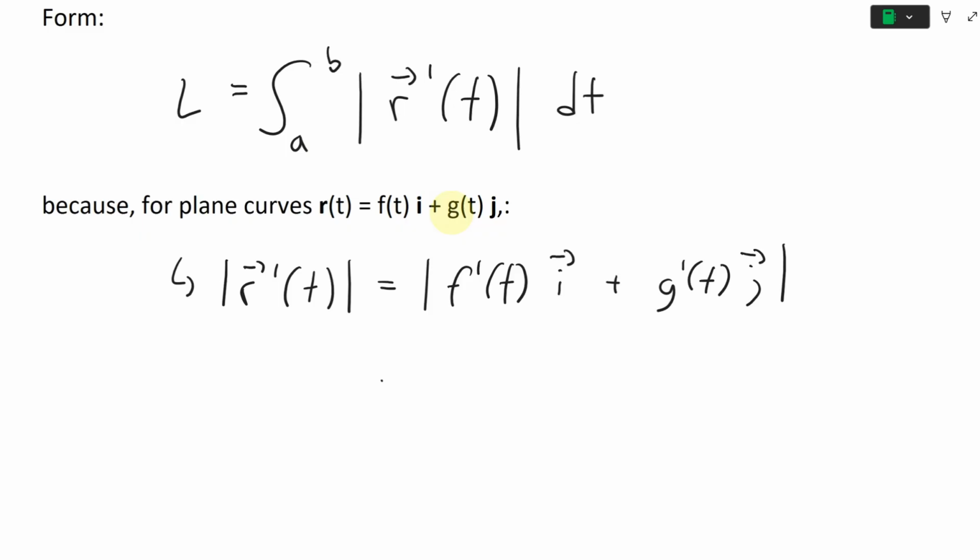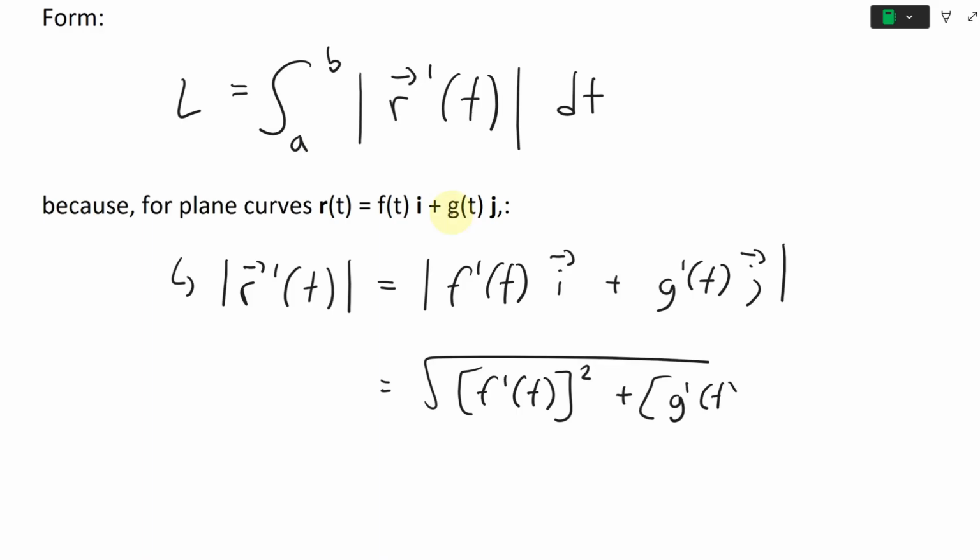Now this equals the length of the vector function, which is the square root of f prime of t squared plus g prime of t squared.